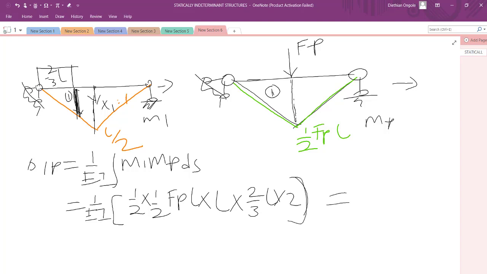So this gives us a value of FPL cubed over 6EI. So knowing our delta 11 and delta 1p, next we come and solve for our x1.